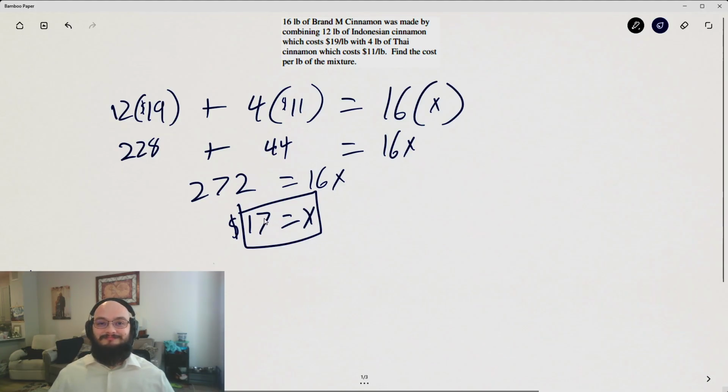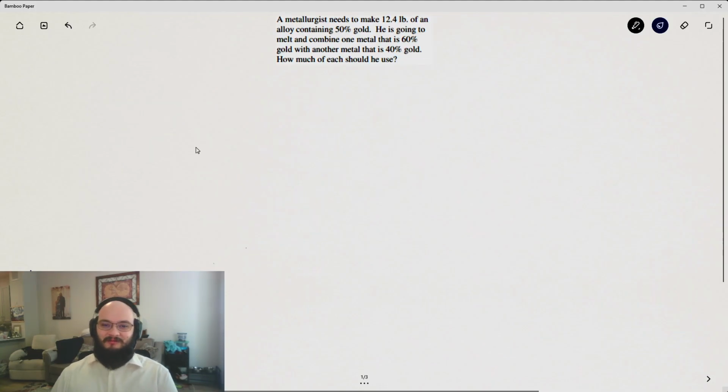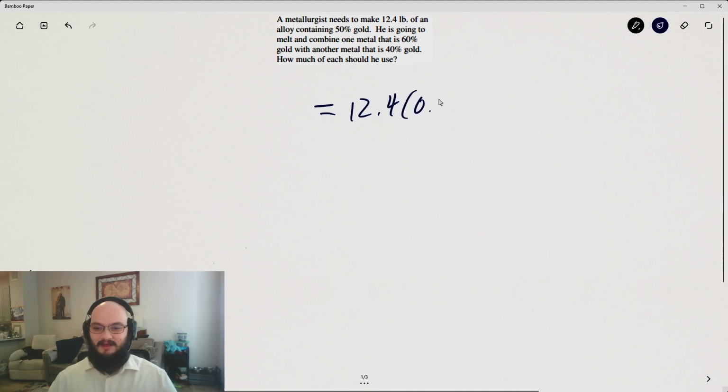Let's take a look at our final problem. A metallurgist needs to make 12.4 pounds of an alloy containing 50% gold. We already know this is our final product or our final sum at the end, so let's do that. We have 12.4 pounds at 50% gold.